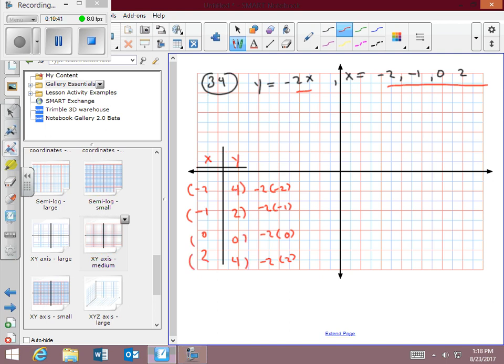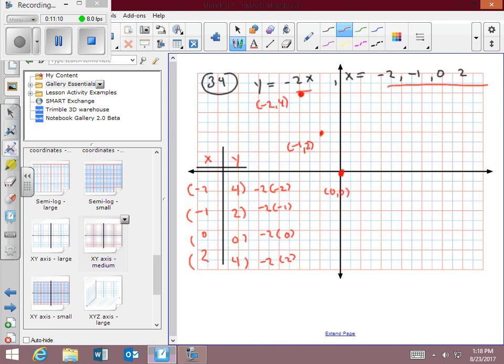So we're going to go minus 2 and a plus 4. So that should be right up there. This is a minus 2 plus 4. Then a minus 1 and a plus 2 would be right there. And then a 0 is going to be right here.